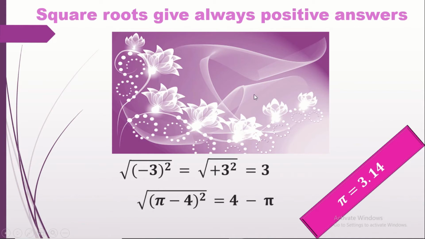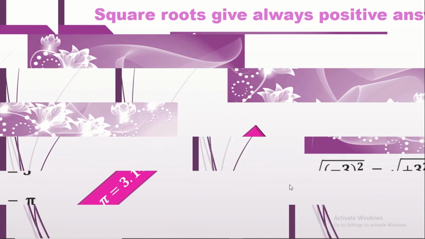Square roots should give us always positive answers. So here we write the greater minus the smaller, so it will be 4 minus pi to get a positive answer. So sometimes we should pay attention, we should reverse them. If we have minus, we write the greater minus the smaller as an answer of a square root to get a positive answer.